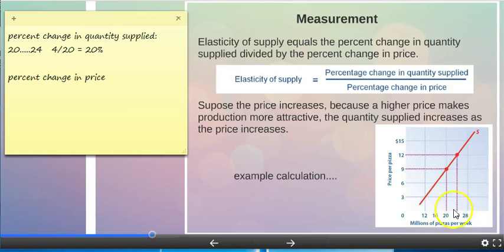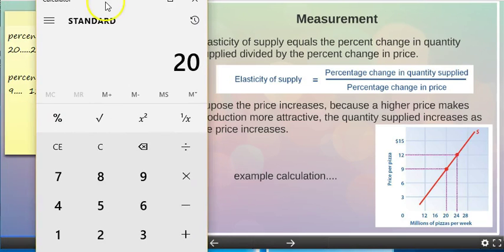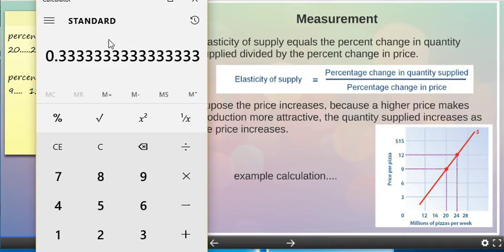So we went from $9 to $12. The difference between those two numbers, 12 minus 9, is 3, divided by the first number. Some of you can do this in your head, but no worries. 3 divided by 9 times 100, 33.3%.